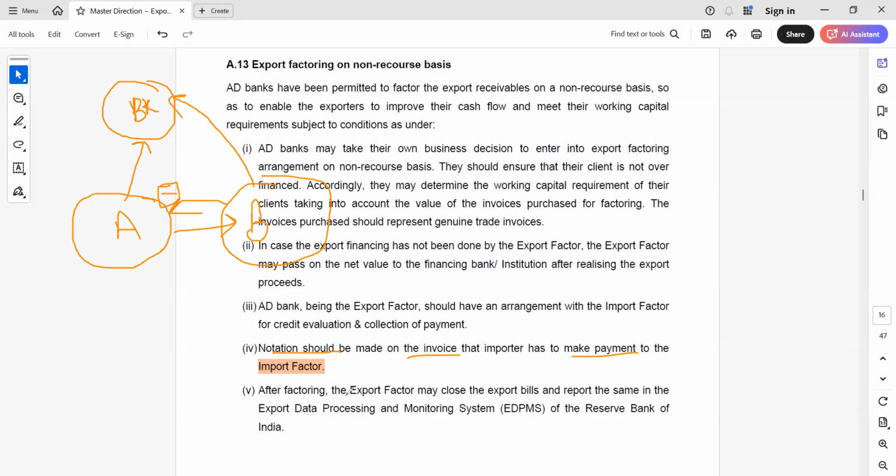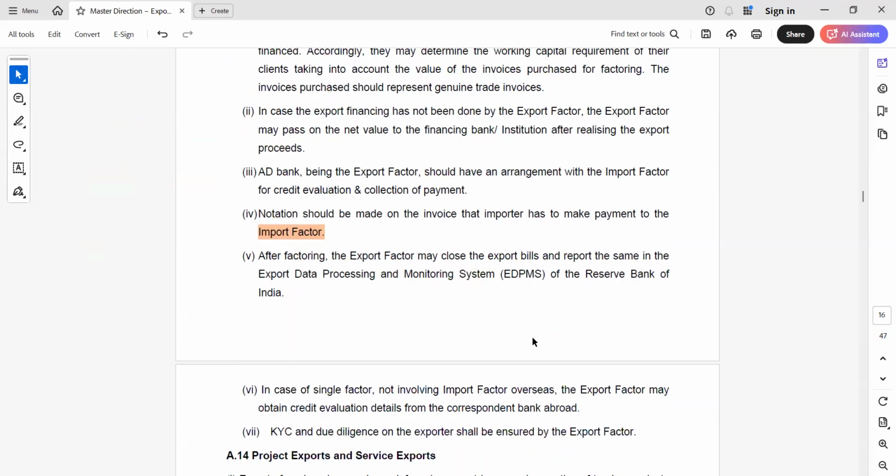After factoring the export, the factor may close the export bill and report the same in the Export Data Processing and Monitoring System, EDPMS, of the Reserve Bank of India. Let's see the next point.